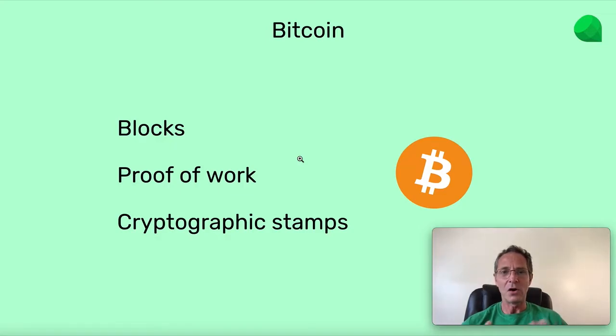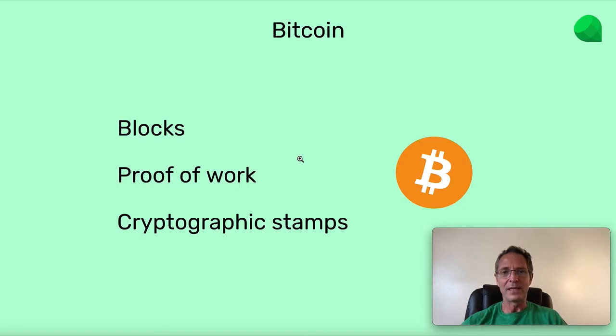Basically, they get all the transactions, and they have to do a lot of work for 10 minutes, spending a lot of capital in machines and electricity to produce a cryptographic stamp. It's called really a cryptographic hash, but I call it a cryptographic stamp because it's like a stamp that you put on a letter to authenticate it.